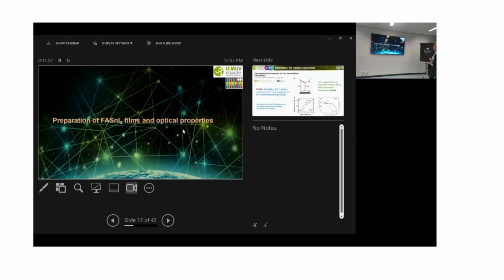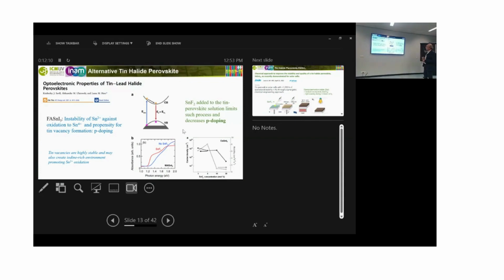Okay, then let's go into my results. The preparation of how we prepare this, in this case, is the three-dimensional tin perovskite, formamidinium tin iodide. Of course, in this case, the most important is to avoid oxidation, because it's highly unstable, the Sn2+ into Sn4+.